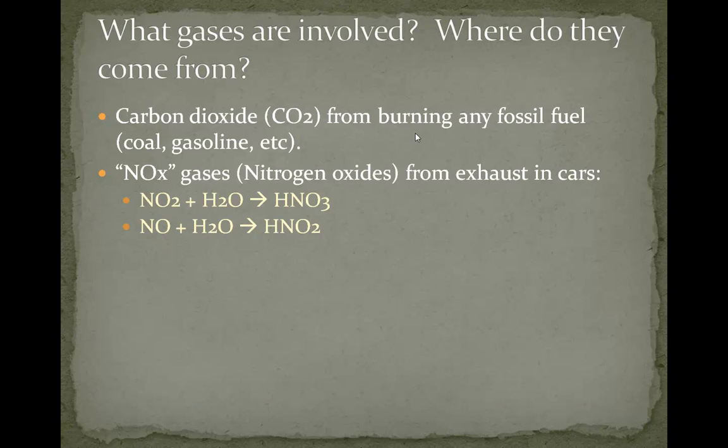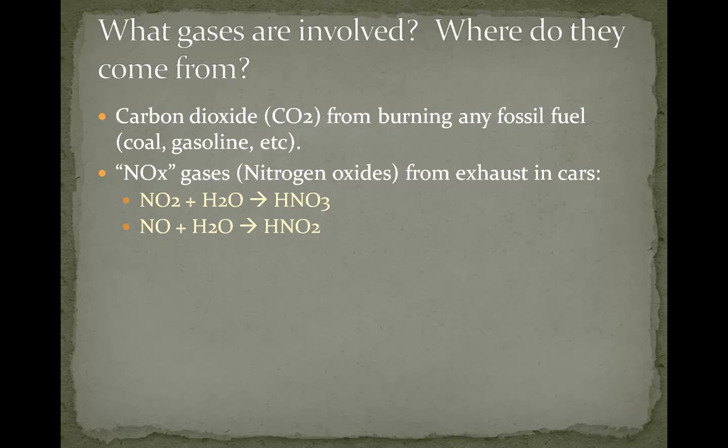NOx gases, either NO, NO2, NO3, come from exhaust in cars. Now, how does your car run? Your car runs on gasoline burning. Well, in order to burn something, you need to add oxygen to it. In order for your car to add oxygen, since you don't carry around a giant oxygen tank, it sucks in air from the outside.